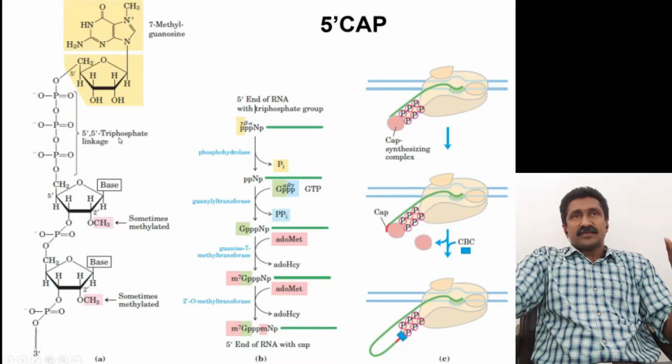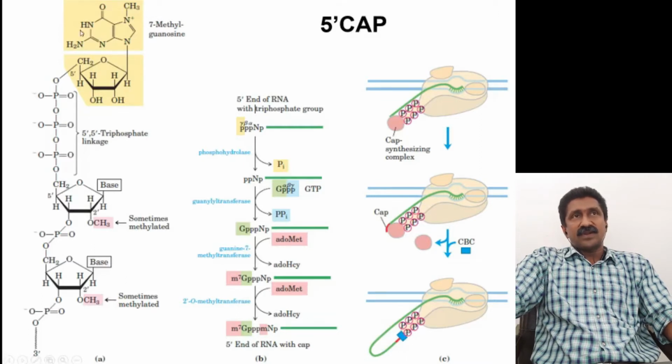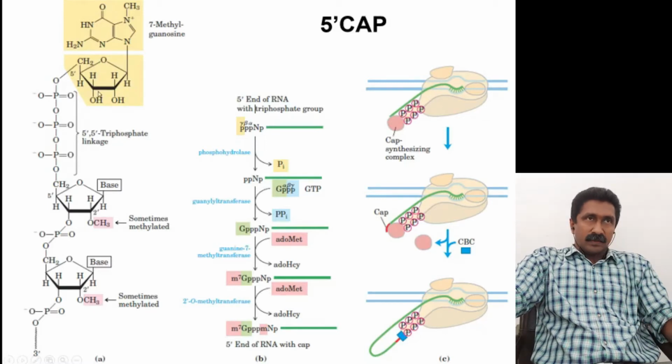And in the 5' cap addition, we will have a 7-methyl guanosine residue. So this is an incoming residue with a 7-methyl guanosine. This is a modified guanosine, which will have the sugar ring, or ribose.